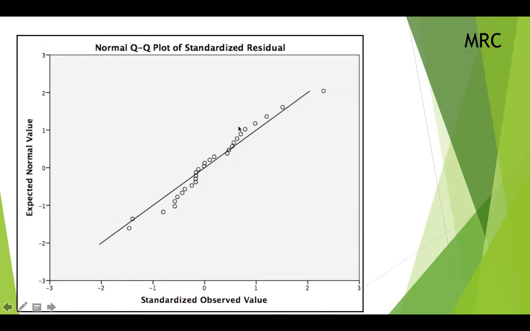As you can see, it's not too bad. Like I said, there are some areas that deviate a little bit, but it's not too much of an S-shaped curve or anything like that, to where I should be too worried.